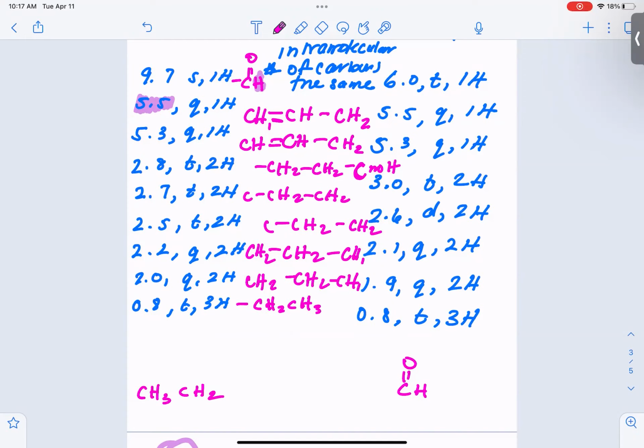No, I didn't. Okay. So then you could have CH, CH2, CH2. And then I have to shift this down. I'm not going to fit it. I'll do it as a bond line.